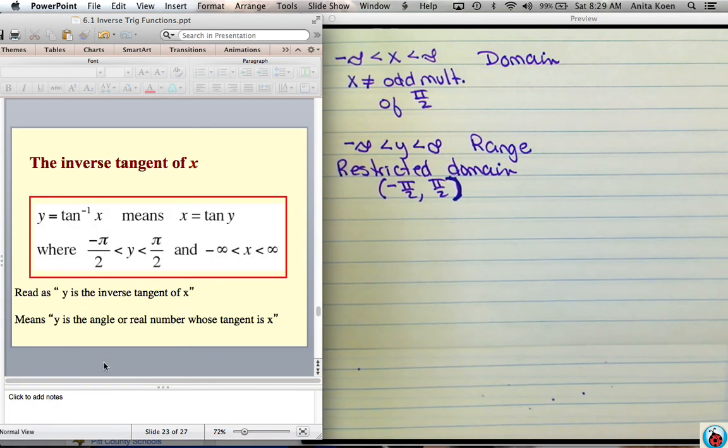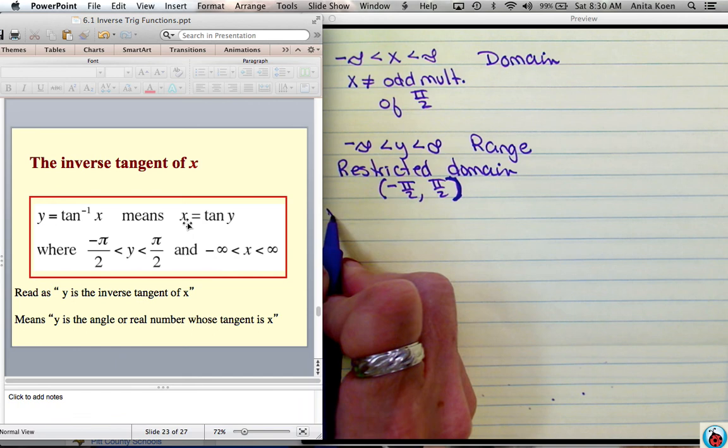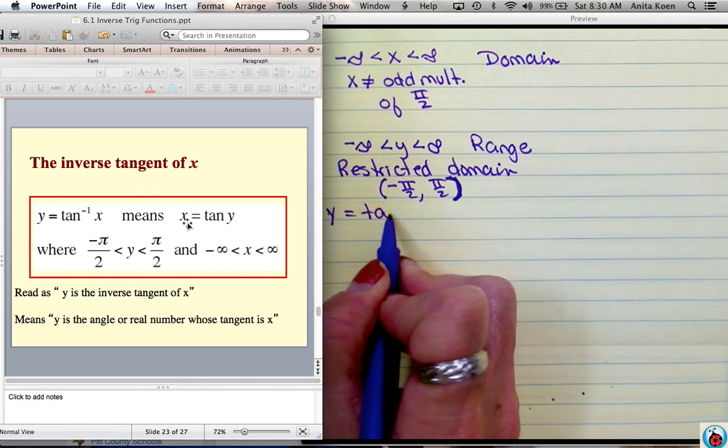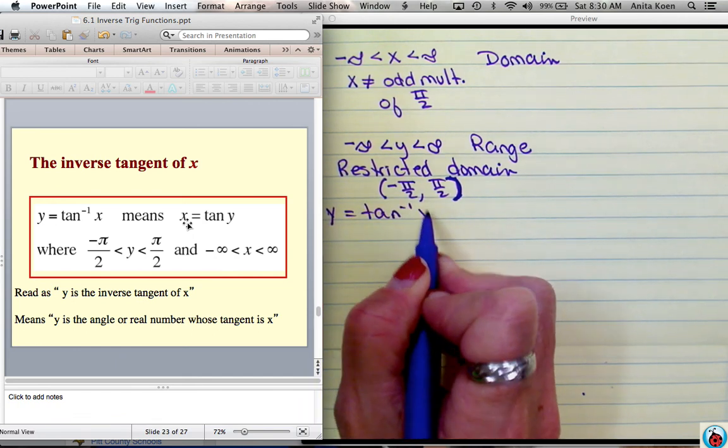What does the inverse tangent mean? Well, it means the same thing as the other inverse functions. We read this as y equals the tangent of x, but it means y is the angle whose tangent is x. So let's look at it. y equals the tangent inverse of x.